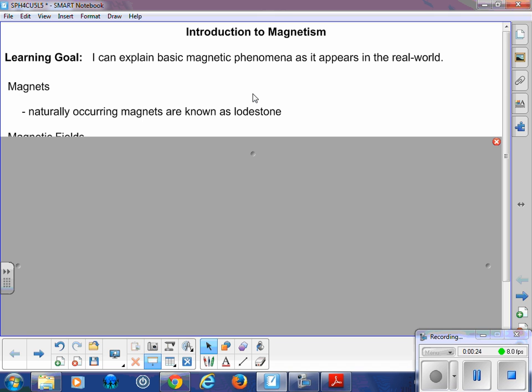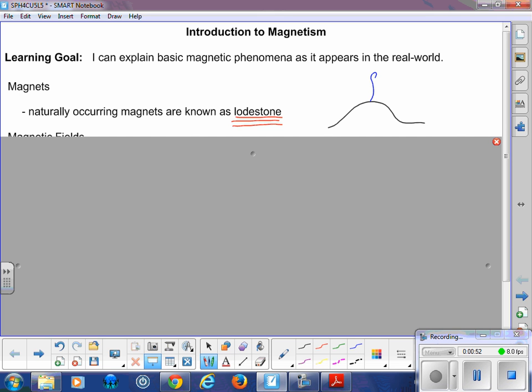There are naturally occurring magnets in the Earth, and it's called lodestone. That is a type of material that is naturally magnetic. They were first discovered, bit of a true story: shepherds, when they were in the mountains or in the hills watching their flocks back in the old days, had these staffs called crooks, which helped them herd the sheep.